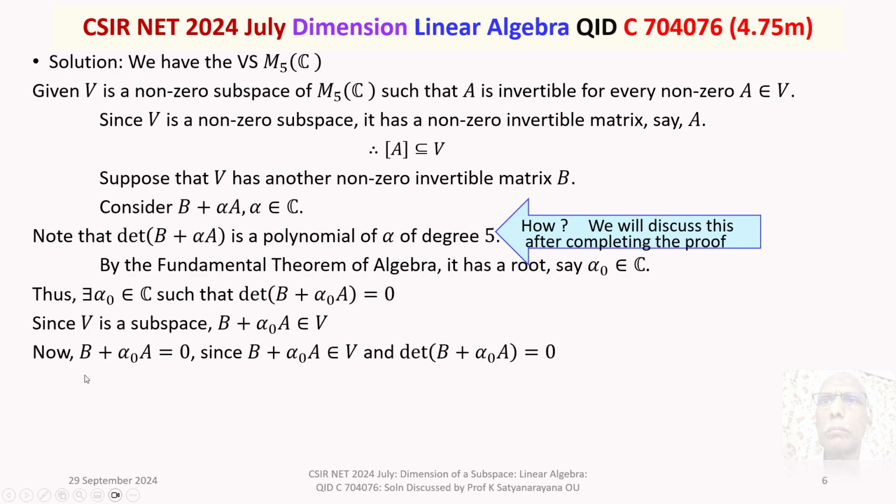The possibility is that B plus alpha naught A must be 0. This means B is equal to minus alpha naught A. So, who will be B?